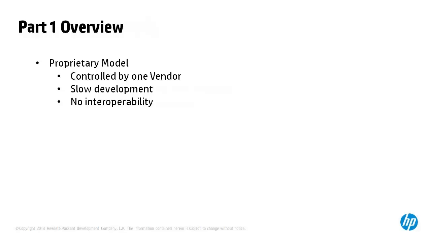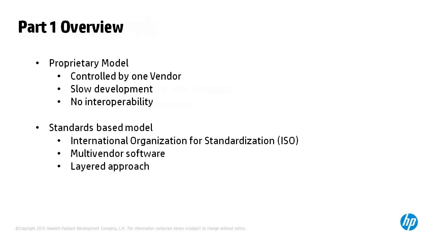For many years, there's been a huge drive to standardize protocols, and HP is committed to interoperability and open standards. The OSI model was developed by the International Organization for Standardization, or the ISO, and provides a layered approach to development and interoperability. It allows for multi-vendor interoperability and rapid development.